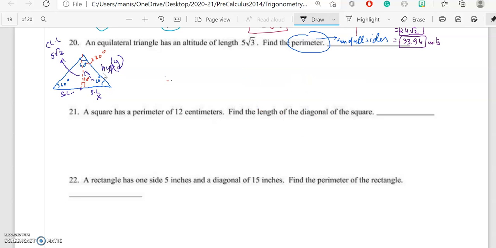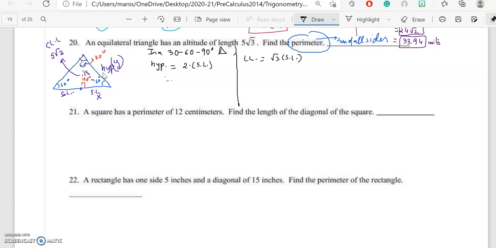So this is a case of a 30, 60, 90 degree triangle. My first formula is hypotenuse is equal to 2 times short leg. And the second formula which I write over here is long leg is equal to radical 3 times short leg.